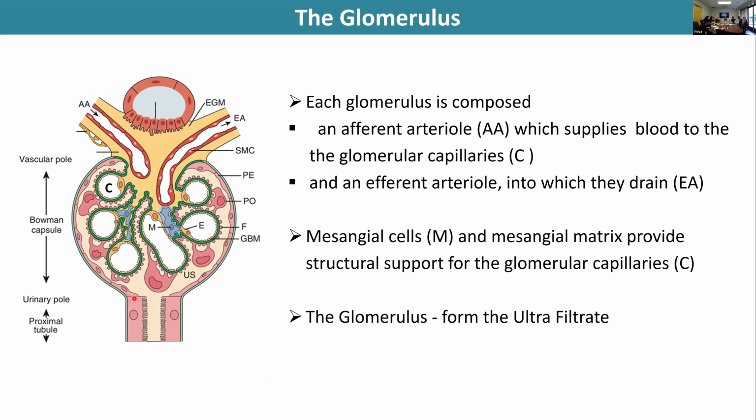Here in the renal corpuscle, this is called the vascular pole, where we have the afferent arteriole and efferent arteriole, where the vasculature is. And where the renal corpuscle connects to the tubule, that end is called the urinary pole, or tubular pole, and this is the vascular pole.